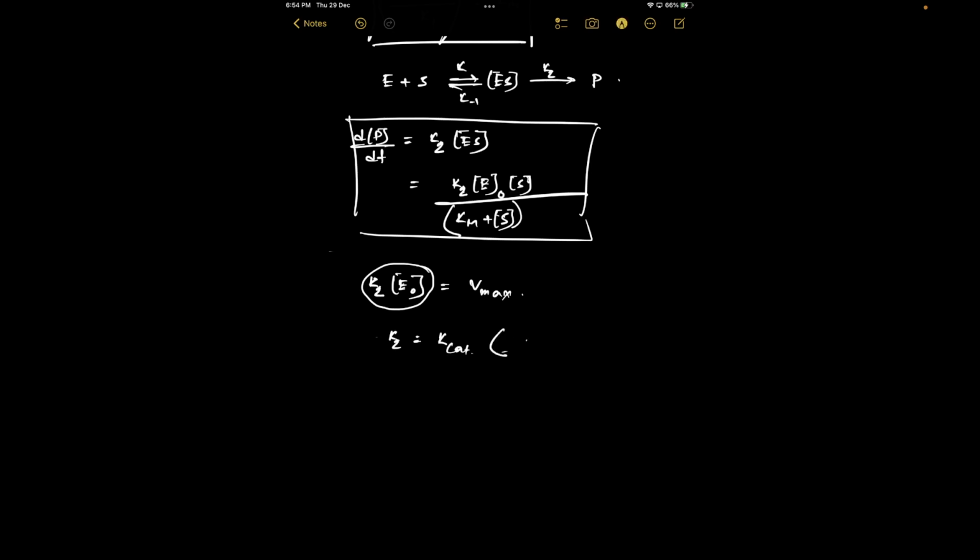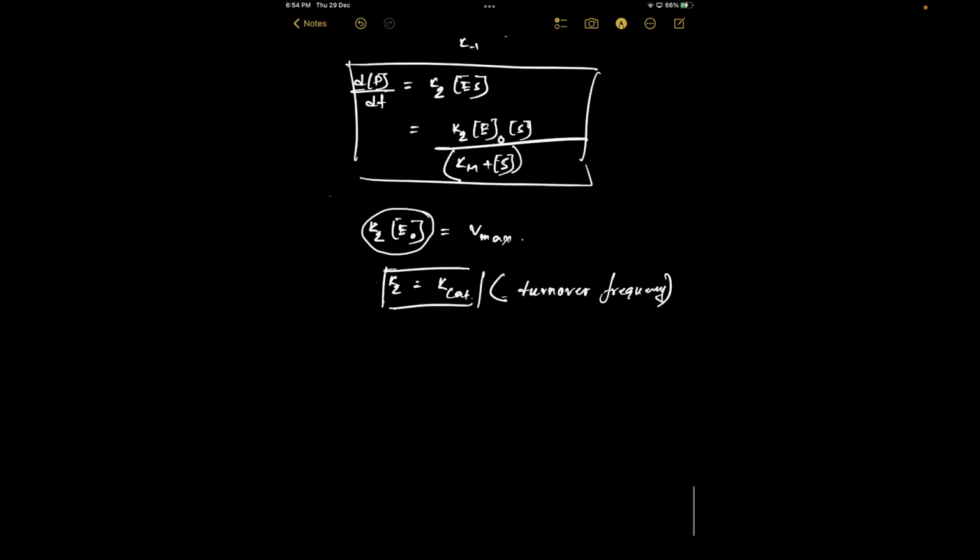So the rate, that means V, will be equal to Vmax times S divided by Km plus S.